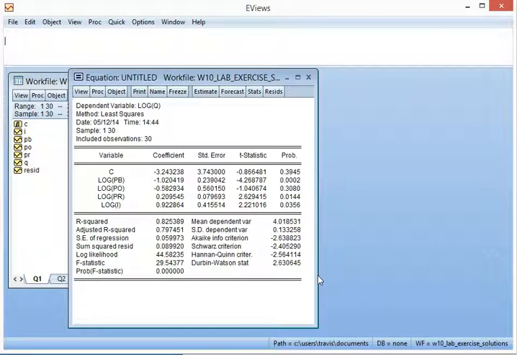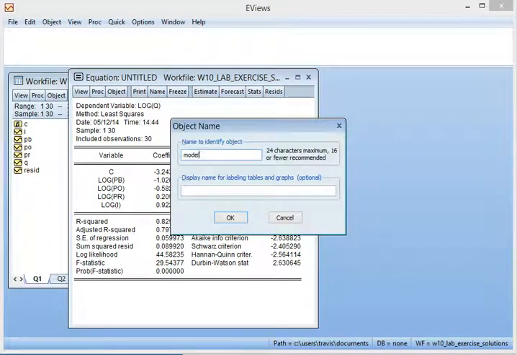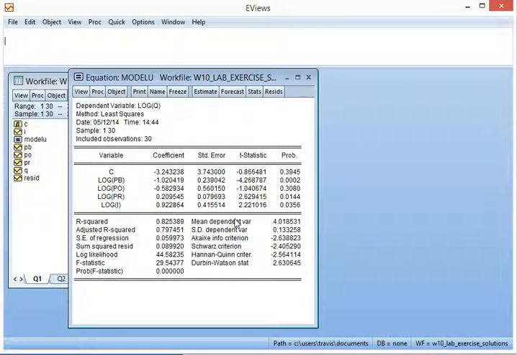Okay, I'll accept the default options there, and there's the estimated equation, and I will save this as model U. This is the unrestricted model. As this question progresses, we're going to impose some restrictions on the model. So right now this one is the unrestricted version.